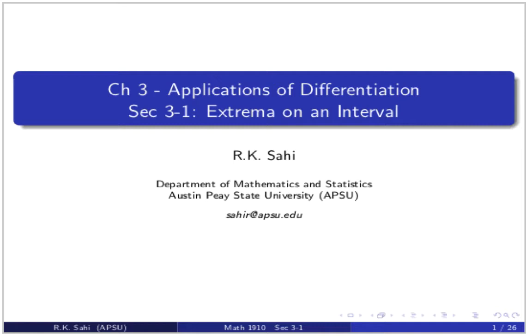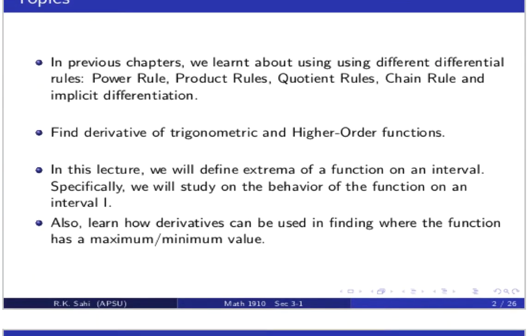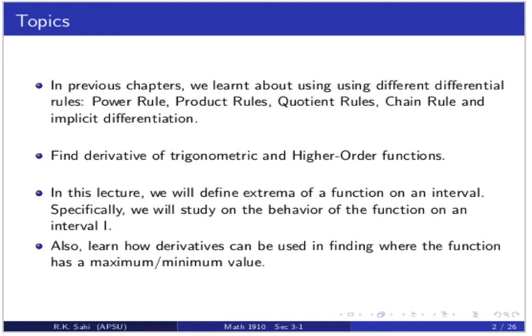So let's look at the things we have covered so far and further on. Remember, we talked about differential rules, power rules, product rules, quotient, chain, and implicit differentiation. We also looked at trigonometric and higher order derivative functions.